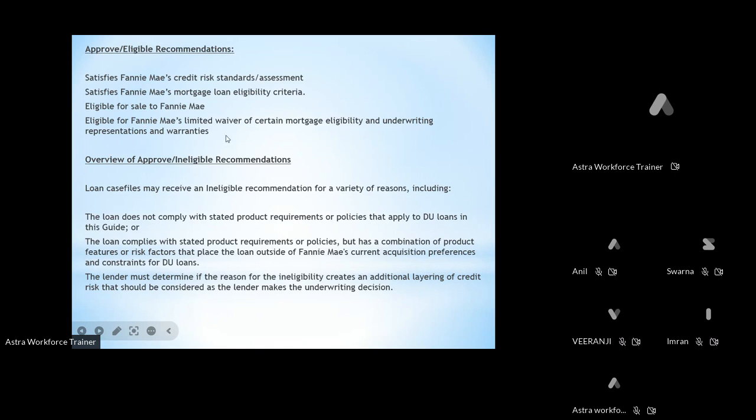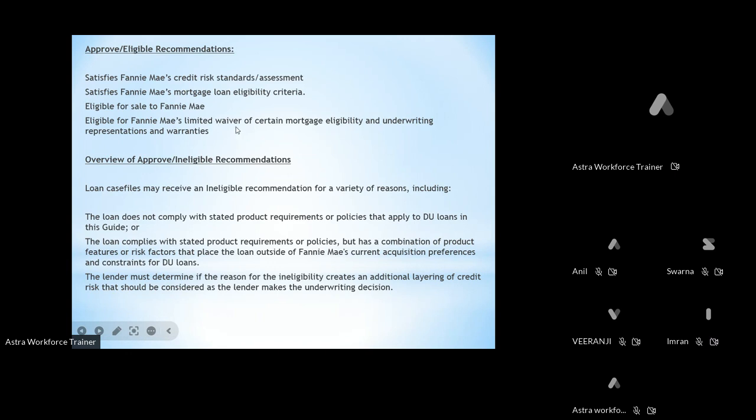Some of the lenders will process the file. In my company also, we have some clients who will accept an approve ineligible recommendation. That depends on the client requirement.